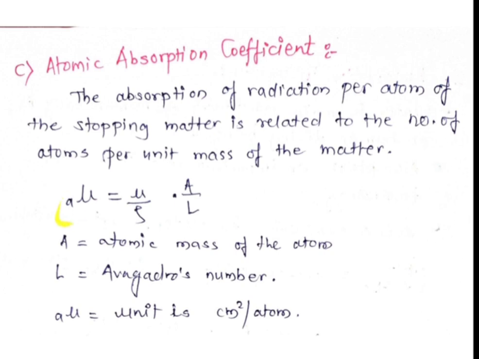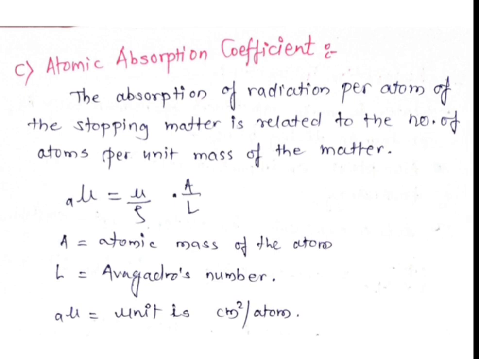Here small a represents the atom and mu is again the linear absorption coefficient, and when we combine the atom and the linear absorption coefficient, we get the atomic absorption coefficient. So, simply a-mu represents the atomic absorption coefficient.